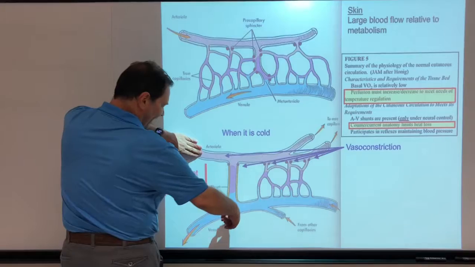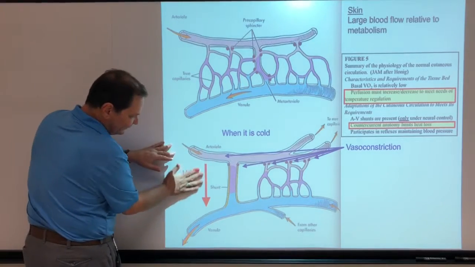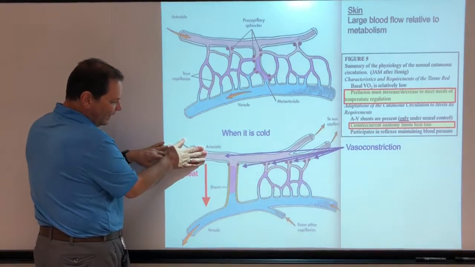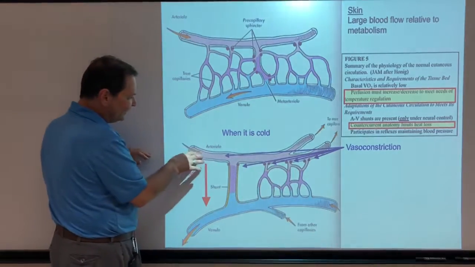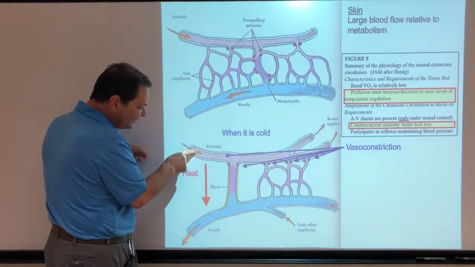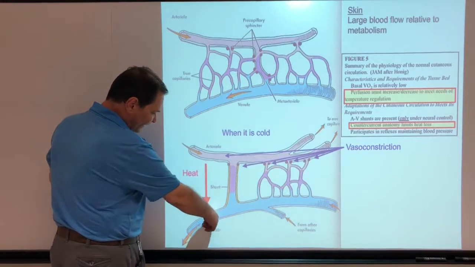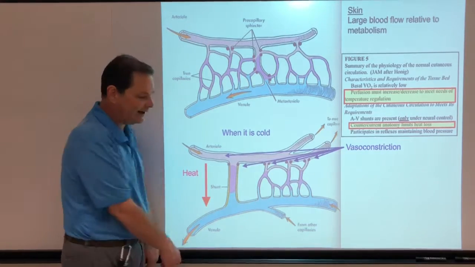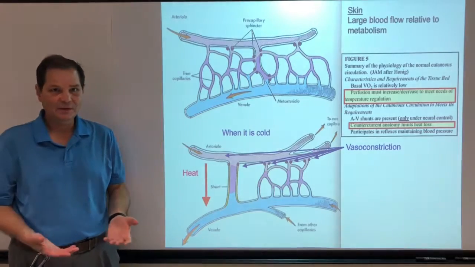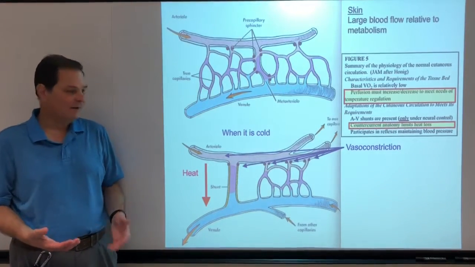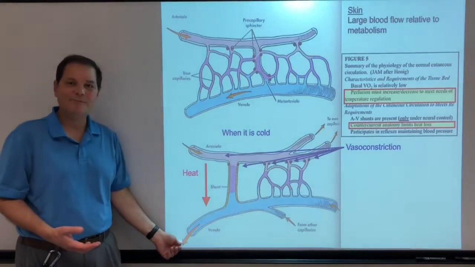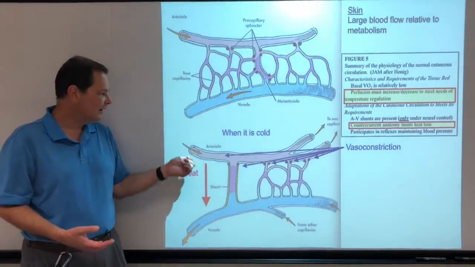Heat going this way, cold going this way, heat is transferred from high temperature to cold temperature, okay? So what happens is, because the heat is transferred here, the heat is returned to the body and never exposed to the skin. Or if it is exposed, it's exposed for a minimal amount of time because it's returned back to the body through the venule.